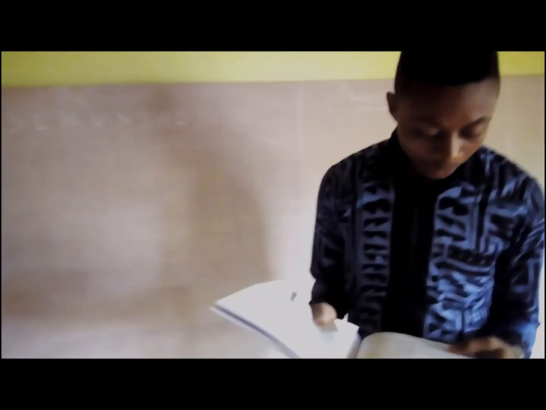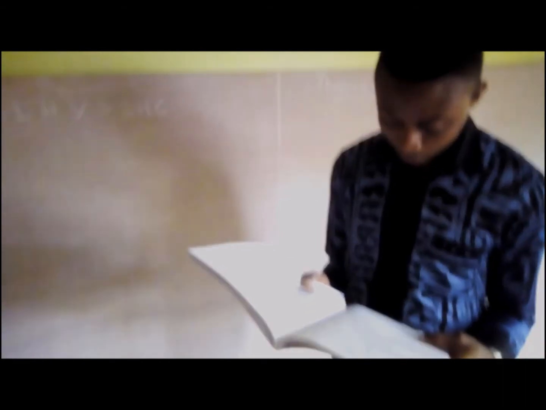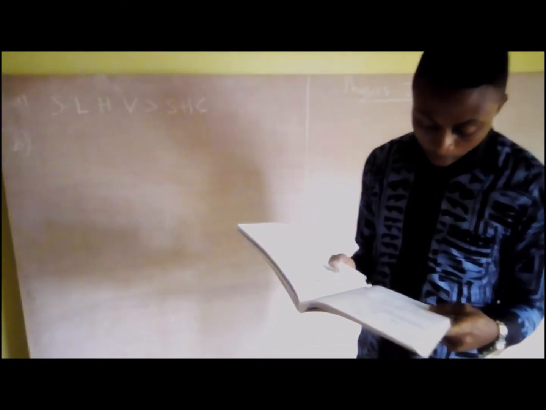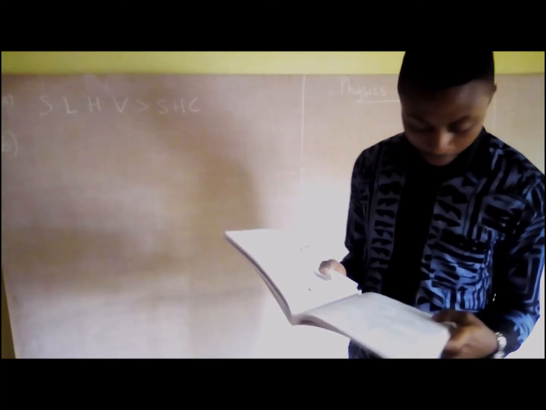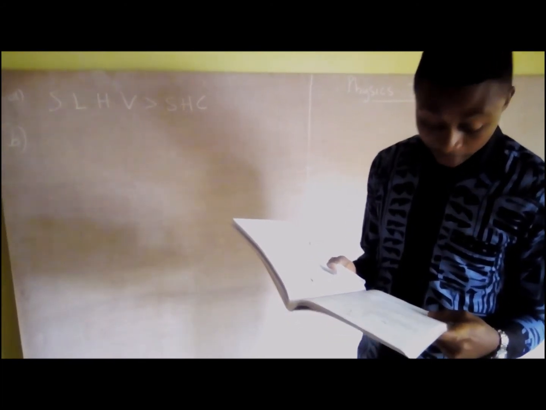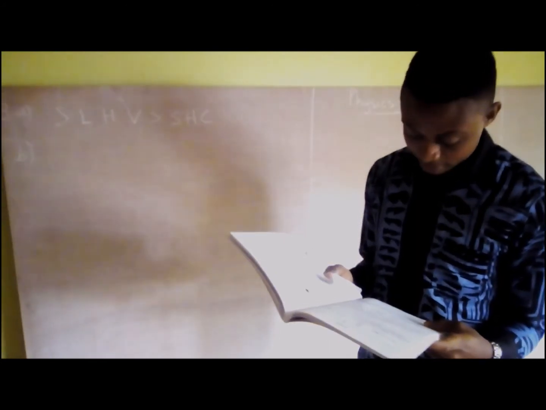Question 3b says the mercury column of a newly made mercury in glass thermometer is 5 cm long when the bulb is dipped in pure melting ice. When the bulb is transferred into steam from pure boiling water at standard atmospheric pressure, the mercury column is 17 cm long.